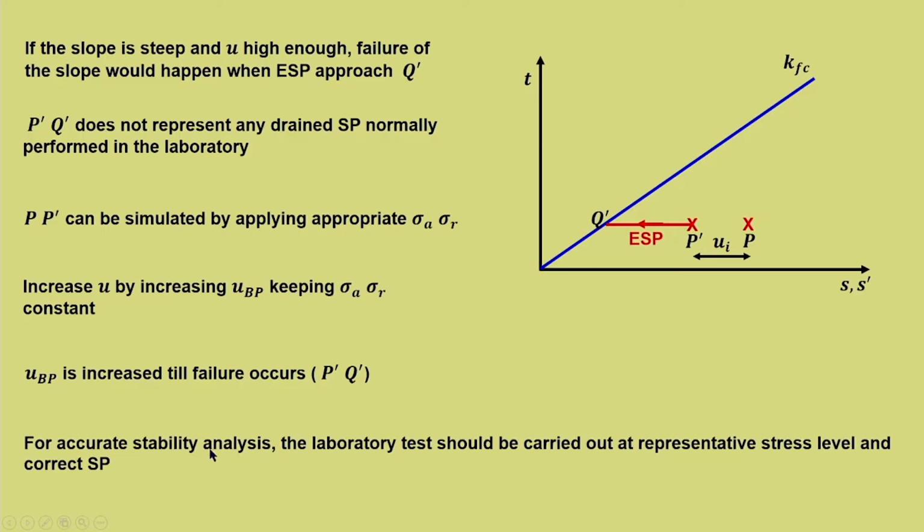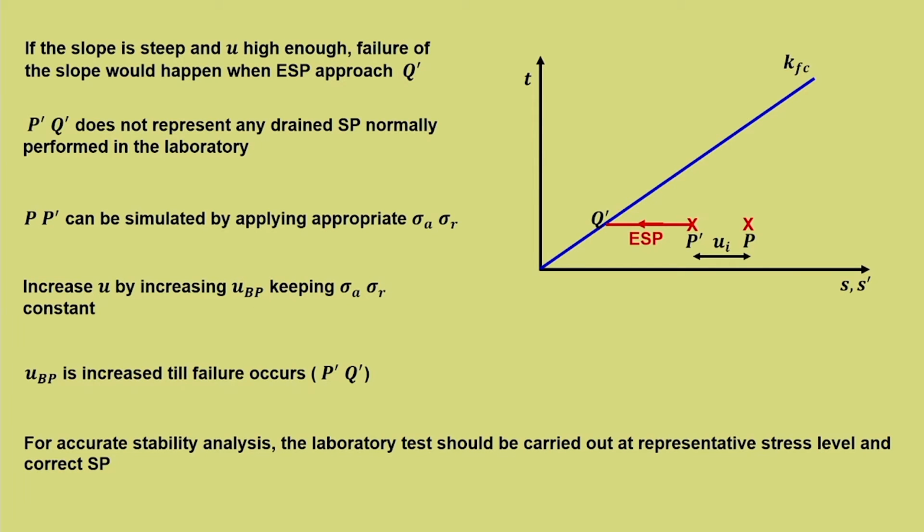For accurate stability analysis, the laboratory test should be carried out at representative stress level and correct stress path. Representative stress level means simulating the initial condition P and P dash, and correct stress path means how the stress path moves towards the failure. Now, unless we discuss this in this manner, that is discussion of P dash Q dash, one will not be able to appreciate what actually is happening in the field.